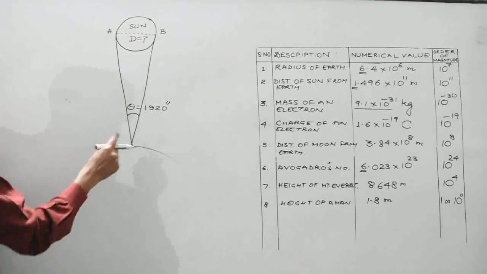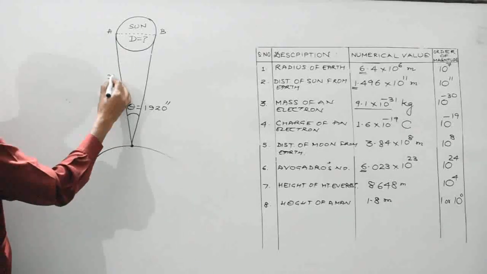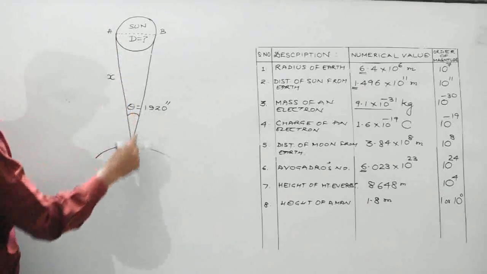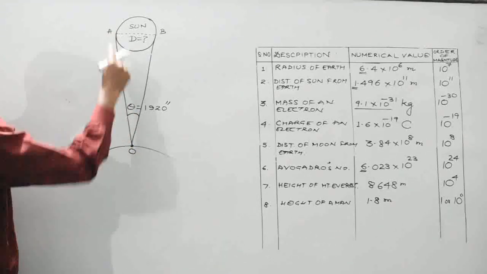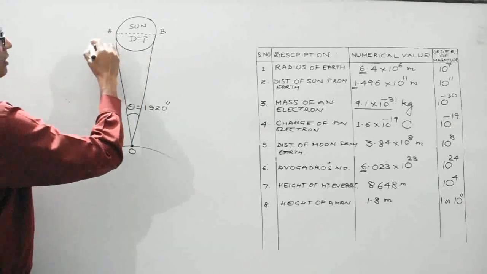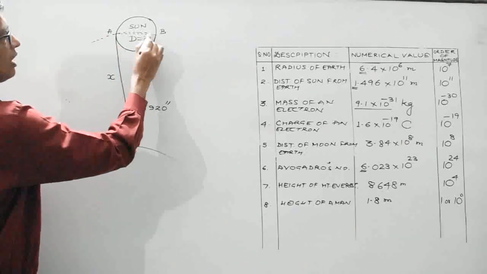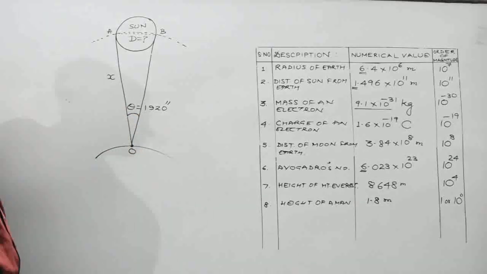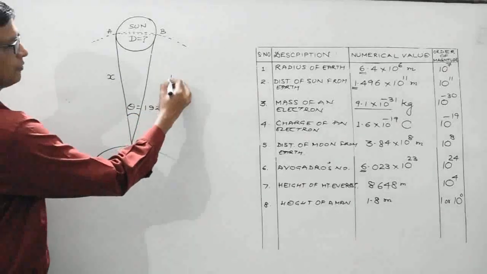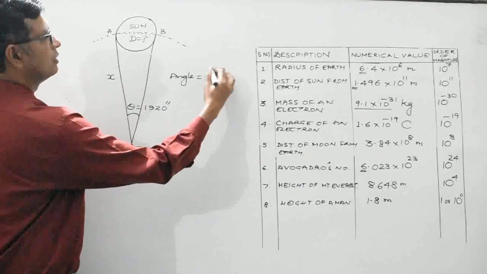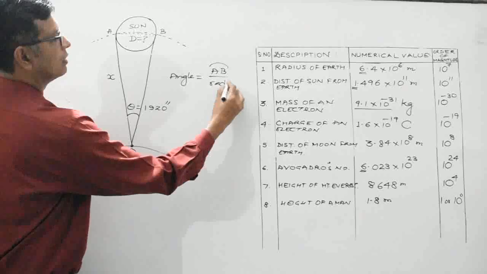So what you do is, suppose this distance is x, right? Now again, x is very, very large. So OA and OB can be considered to be the radius and AB can be considered to be an arc of a circle subtending angle theta and of radius x. Again the same basic formula: angle is equal to length of the arc divided by the radius.